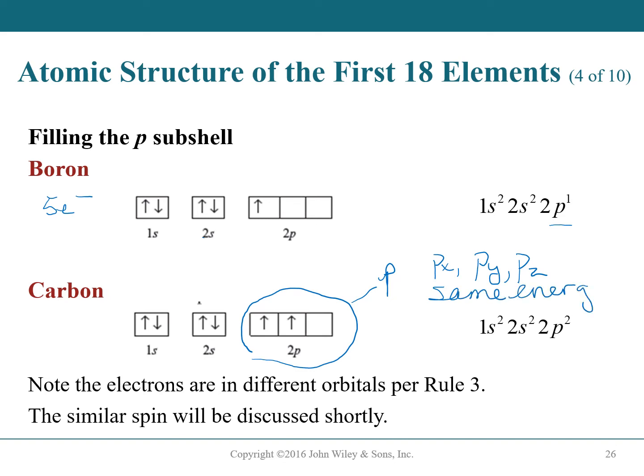So they are considered, this is what we call them, degenerate. And because they're degenerate orbitals, what we do is, before we fill up our orbitals, like we did for the 1s and the 2s, we distribute our electrons equally before we have to fill it up.